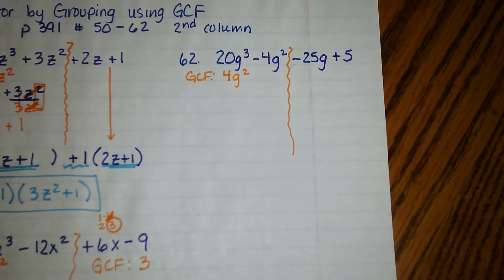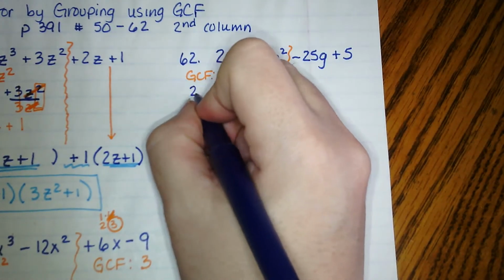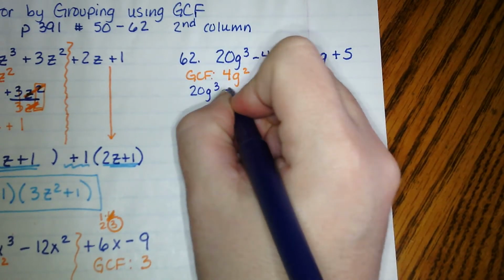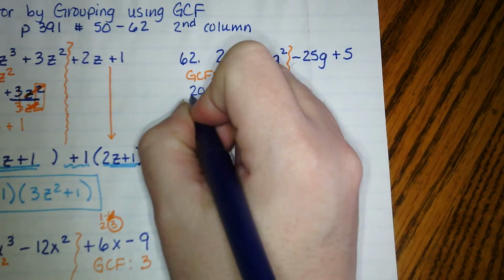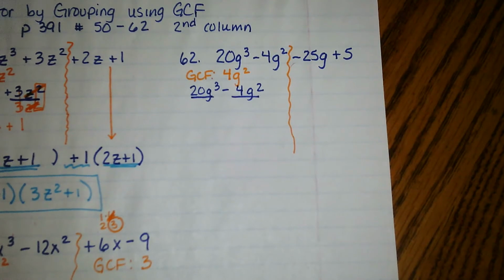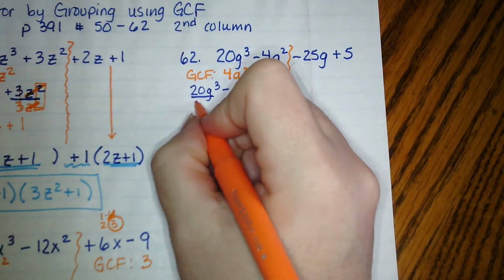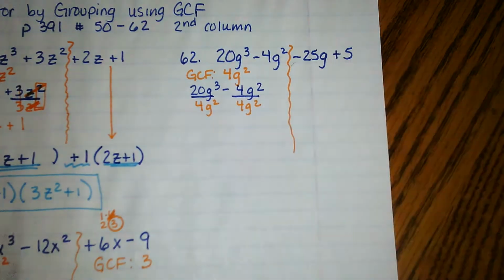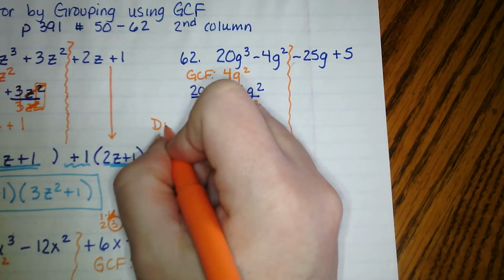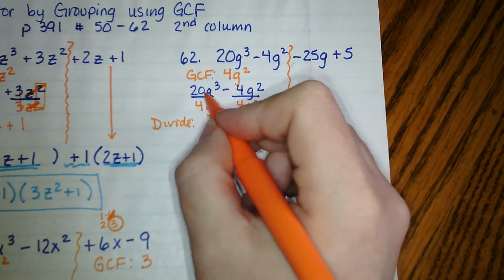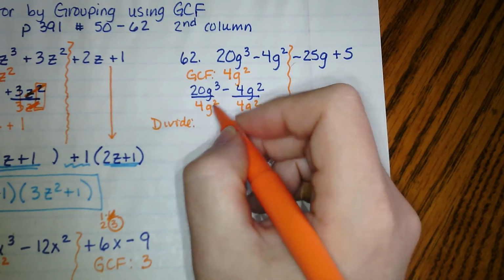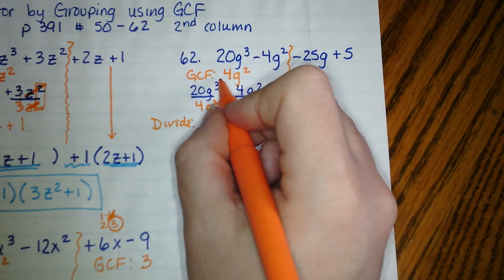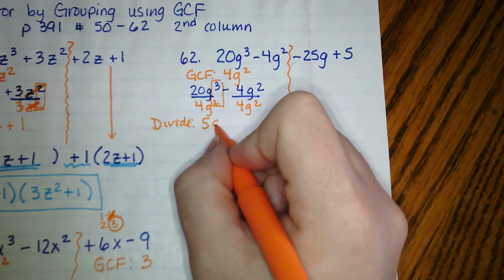We're going to divide 20g to the third minus 4g squared, both by my GCF. Don't forget that in your division step, you divide the numbers. So 20 divided by 4 is 5, and subtract the exponents.